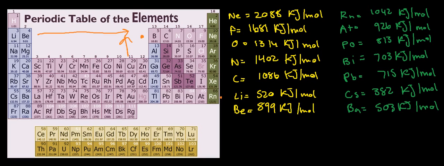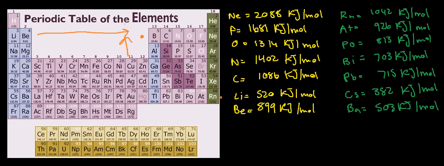It would have some d orbitals as well that are shielding it. So it has a lot of negative charge shielding these outer electrons from the nucleus, so its effects are reduced. It's easier to ionize these larger atoms.